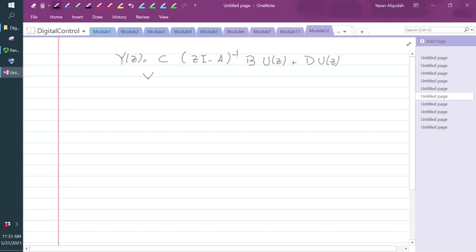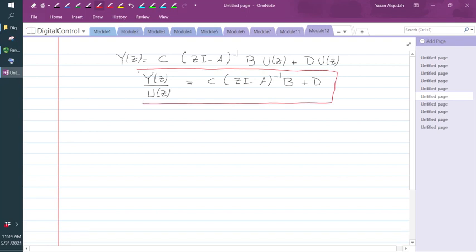Now I can write y of z over u of z, and this is going to equal c multiplied by z multiplied by I minus a inverse multiplied by b, plus d. And this is the transfer function obtained from the state space representation.